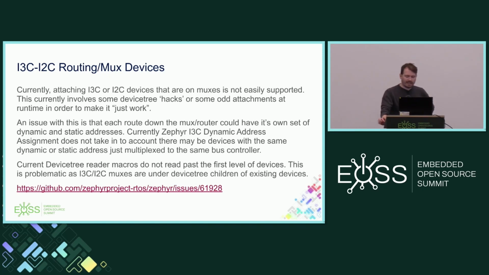This also does present an issue down the road about how a MUX and even routing devices could have their own set of dynamic addresses. So it needs to take into account which specific dynamic addresses are free on this route versus that route. Currently device tree macros do not read past the first level of devices. That can be a little bit problematic since I3C and I2C devices do get put under children of existing devices.